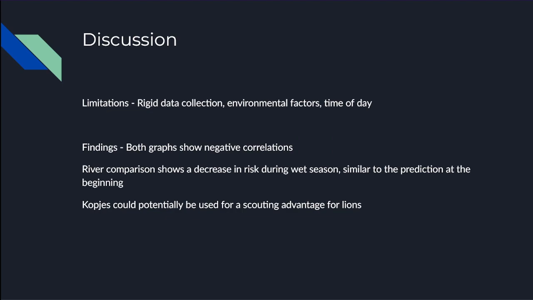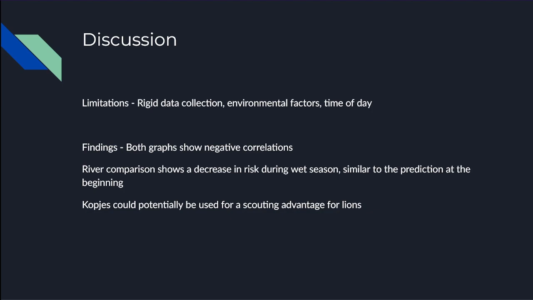So for the discussion section, we do have some limitations. The cameras are stationary; they cannot be moved. We have environmental factors like natural disasters, like fires. Time of day is a big factor as well. When you get pictures, it could be really dark.